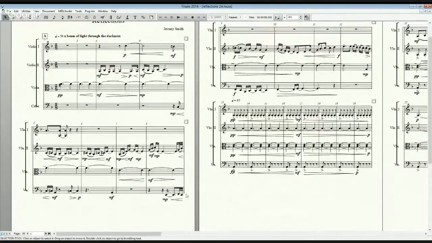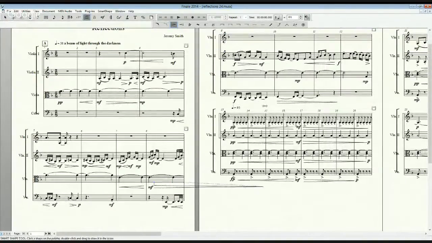Oh, that's why it looked like that. I see.